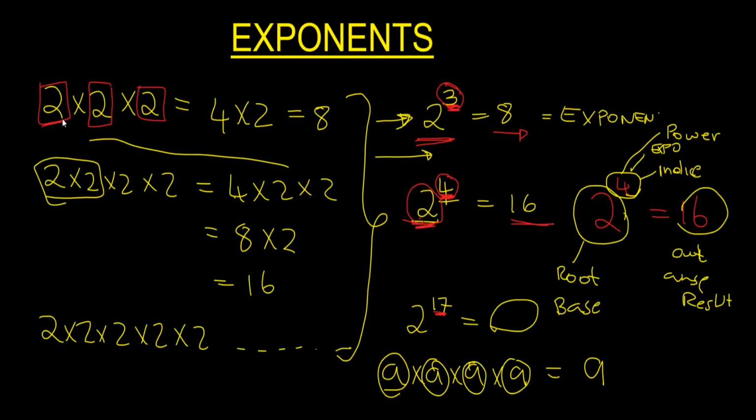So you multiplied a 4 times. So this is still a to the power 4. It's still the same with x. x times x times x is still the same as x to the power 3. And we have special terms for 2 and 3. We say x squared, x cubed. Those are still indices or powers. So that's what exponents are.